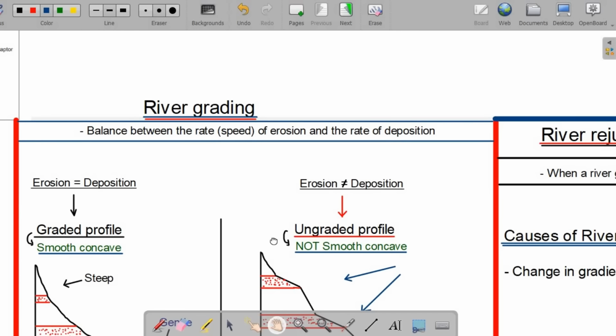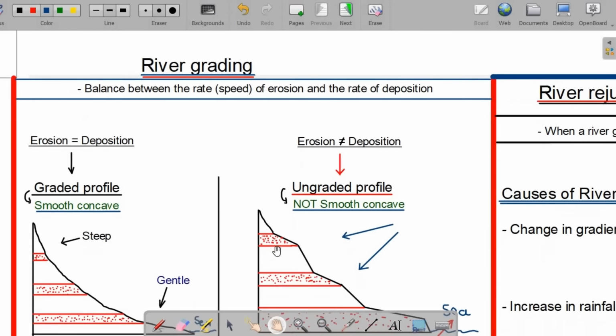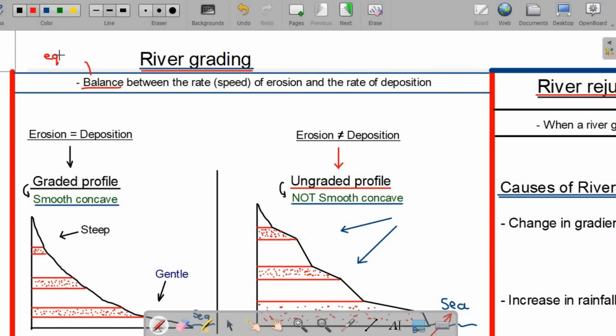So we start off with river grading. River grading simply means the balance, sometimes they say the equilibrium, same thing.